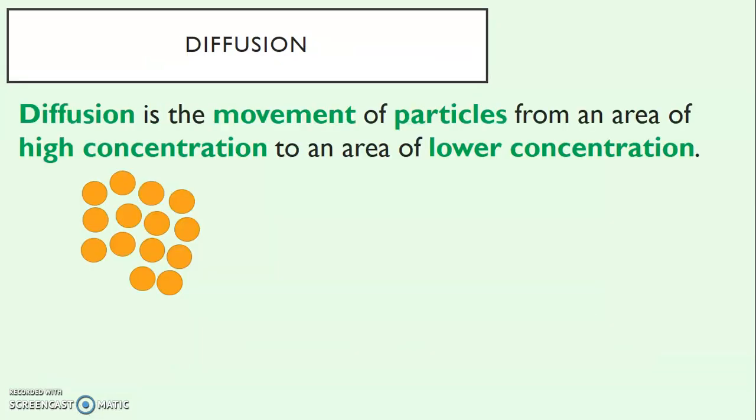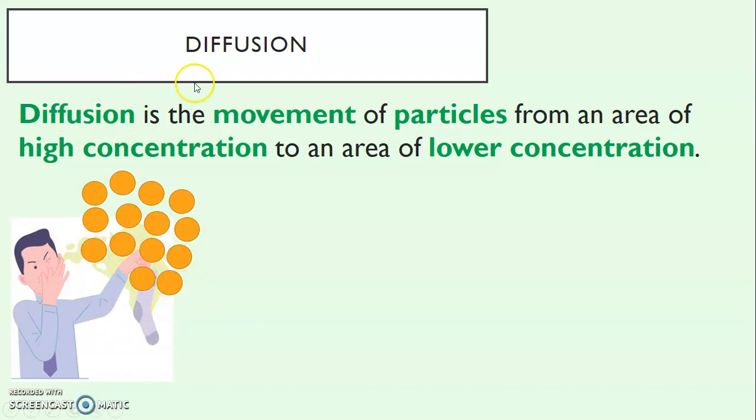So going back to the idea of socks and thinking about what diffusion is, the movement of particles from an area of high concentration to an area of lower concentration. So if we imagine our socks, there's our really stinky socks, and we've got a really high concentration of these stinky particles here. And what's going to happen in diffusion is they are going to spread out.